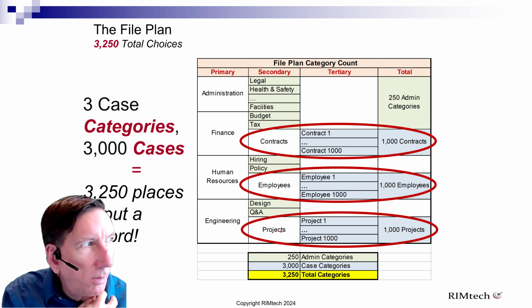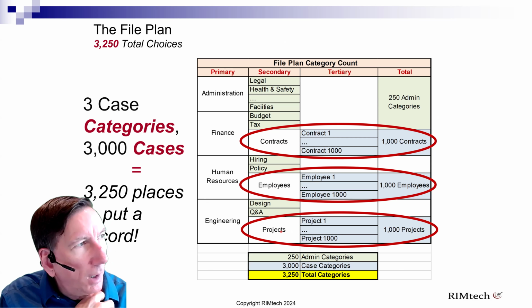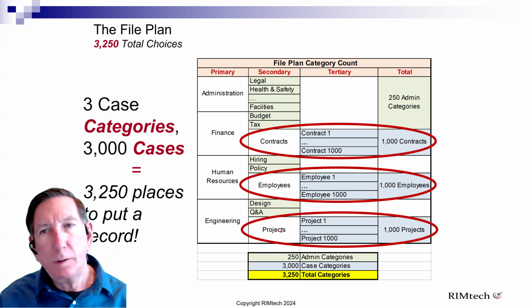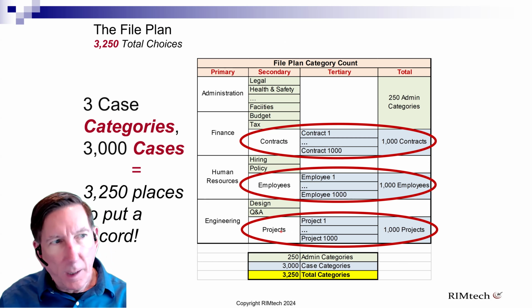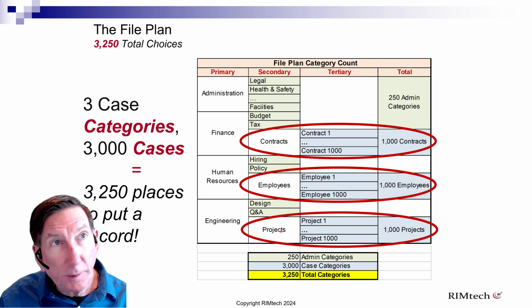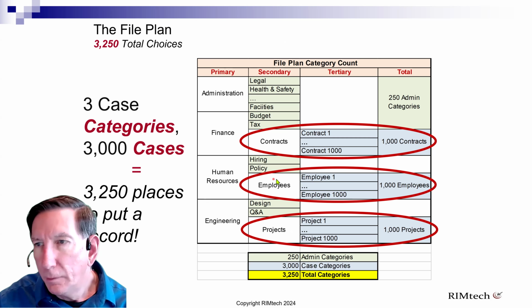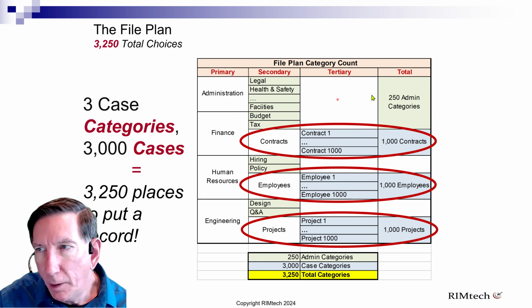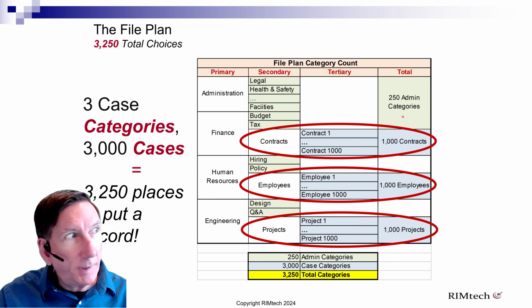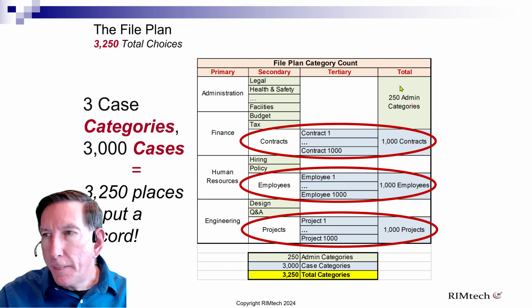Now, where are all our records going to go? Well, for 1,000 users, we would typically have 12,000 records a day. So where are those 12,000 going to go in SharePoint? They have to go somewhere. Well, if the records are about admin categories, which would be 40% or 7,200 a day, then they are going to go in one of these 250 different places.